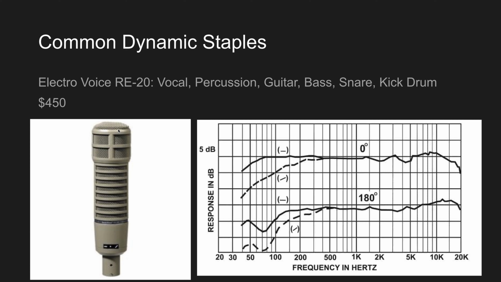So this has been a vocal mic, but also percussion. A lot of people use it for kick drum. You can use it on snare. Honestly, bass guitar sounds great because this has, similar to the SM7B, a little bit more low end than a 57.